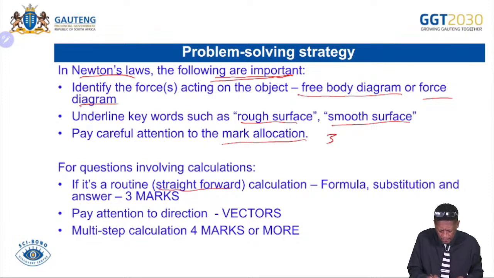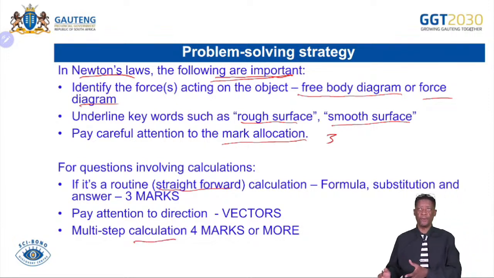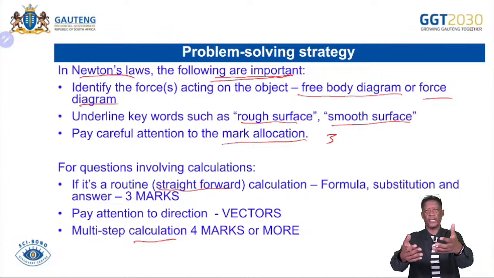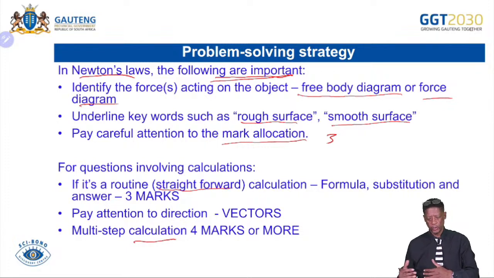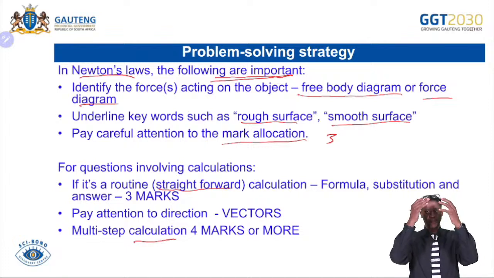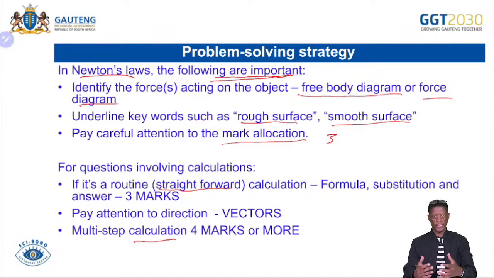But if it's multi-step, it's allocated 4 or more marks, because the answer that you got is the answer you are going to carry over and use. We take the answer from 1.1 and use it in 1.2. That is multi-step.